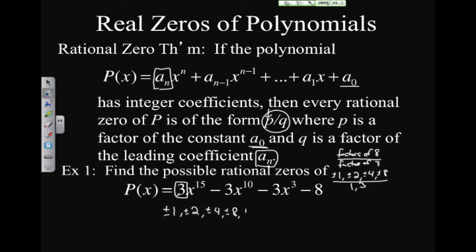Then we can have plus or minus 1 over 3, plus or minus 2 over 3, plus or minus 4 over 3, and plus or minus 8 over 3. And those are going to be all the possible rational zeros that we've got.